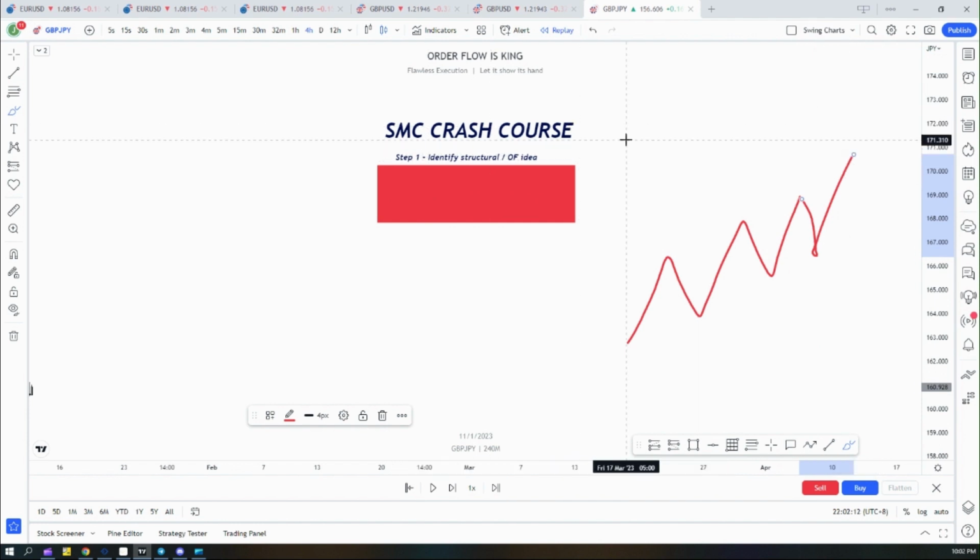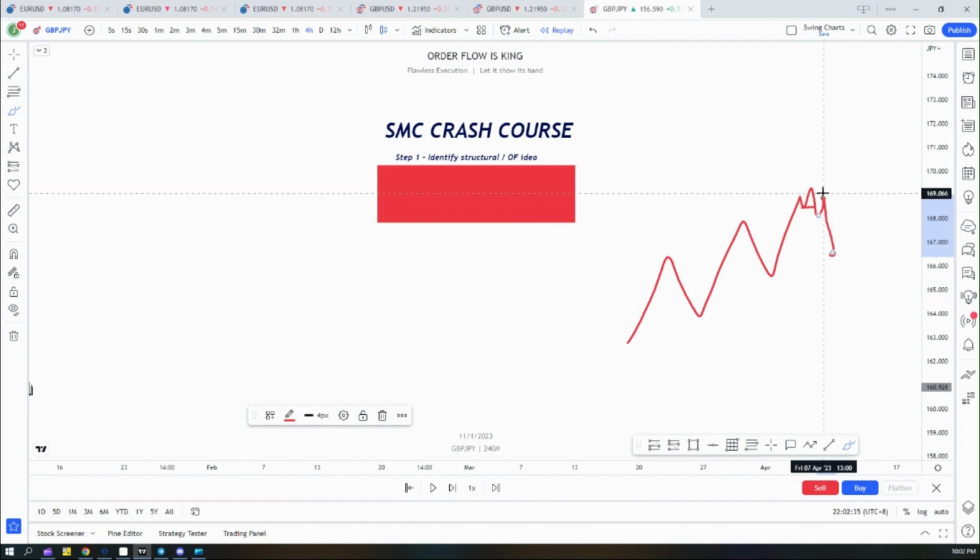Now, the reason it's structural or order flow idea is because maybe here, right, we don't give like a structural range per se, but we take out like a little order flow range. So your idea is to sell this so you're hedged, right, before you get into the buy.